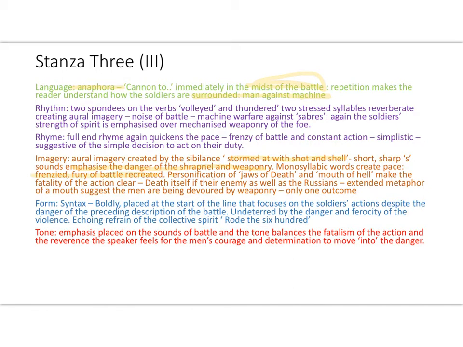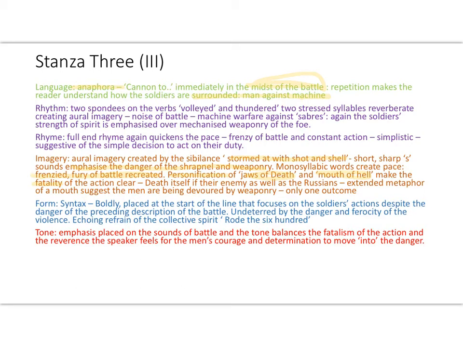You've got personification being used with the jaws of death and the mouth of hell, and therefore we have an idea that these men are being caught in a moment of action that can only ever result in one fatal outcome. So death itself is their enemy, as well as the Russians, because you've got the jaws of death awaiting them, you've got the mouth of hell in front of them.